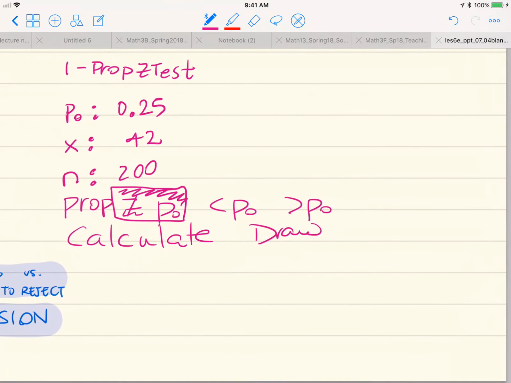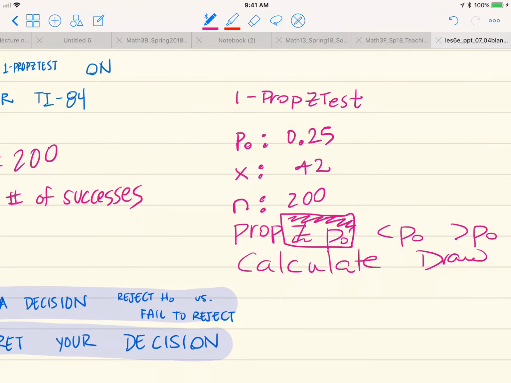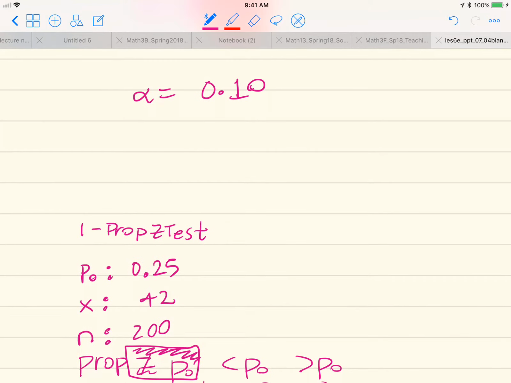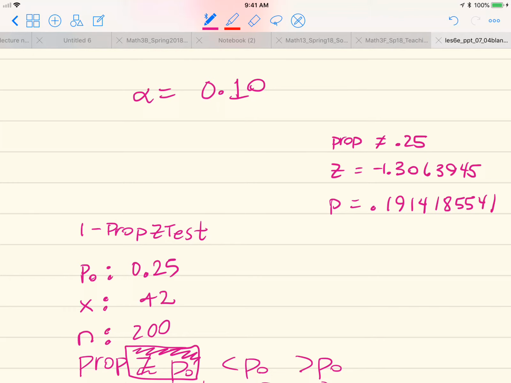And the output was prop not equal to 0.25, Z equals negative 1.306395, P equals 0.1914185541, and then P hat equals 0.21, N equals 200.